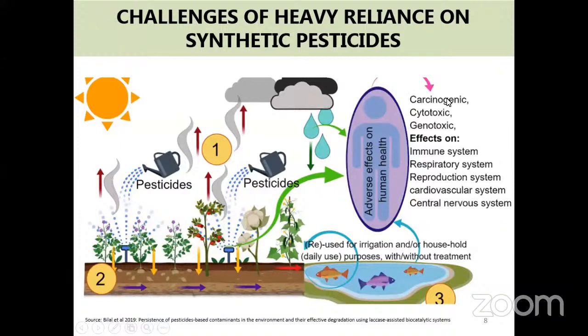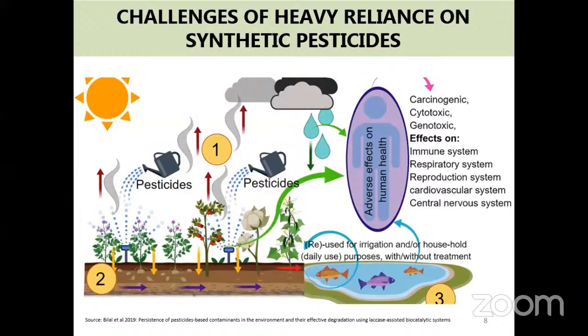Now, on the human side, once this pesticide has gotten into your system, either through the food, or by the way, I left one more thing. As you spray the pesticide, sometimes you're spraying on an apple which is almost ready for harvesting, or a tomato which is almost ready for harvesting.